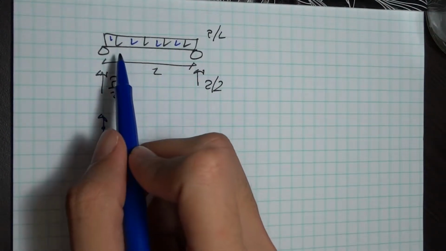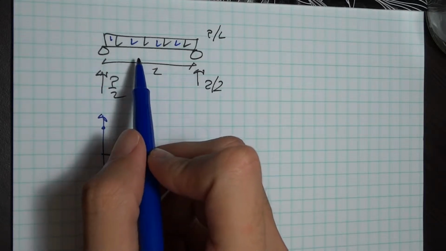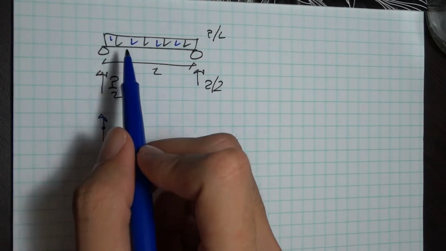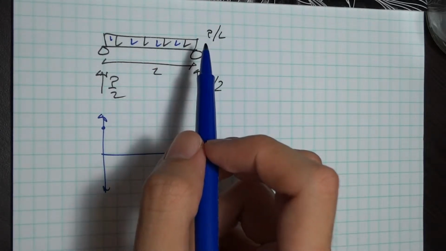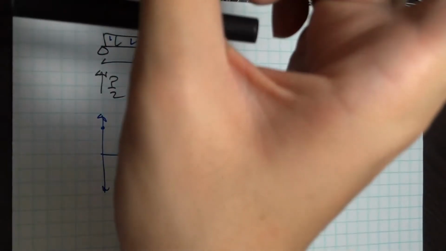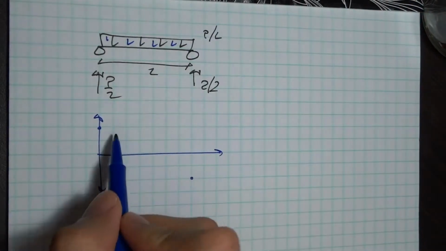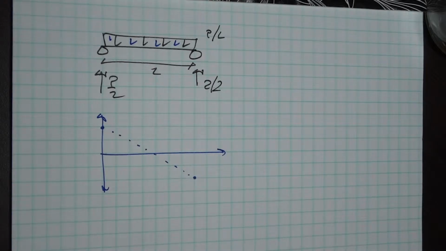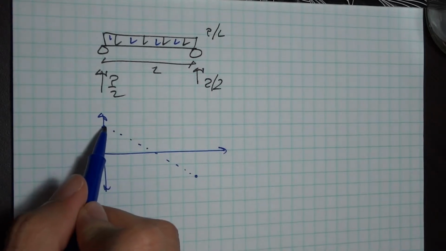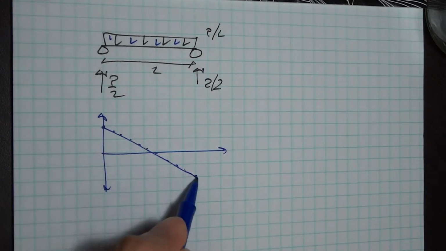So if I go to the right by 0.1 L, I go down by 0.1 P. And if I do this constantly, I should get a bunch of points that connect like this. And then we represent that by saying it's a straight line.